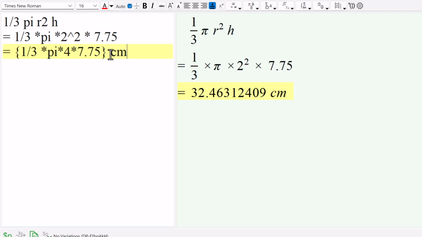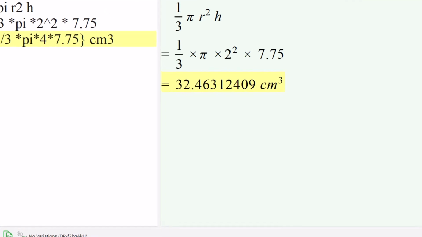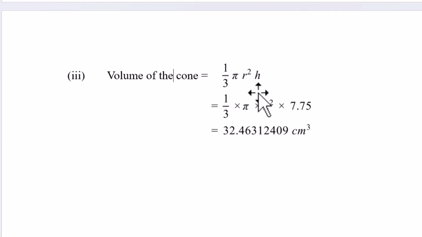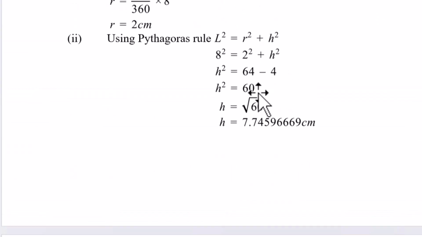And remember, this is a volume, so it's going to be centimeter cube. If you approximate to whatever decimal place, 2 or 3, this is your answer, 32.463, and so on. So that is all about this calculation. So the volume of the cone in this question is 1 over 3 pi r square h.